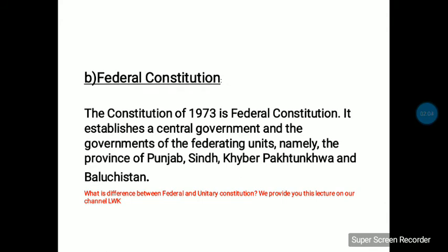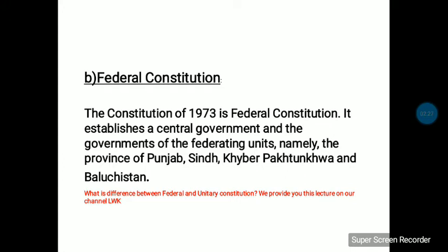Now let's move to the second salient feature. It is a federal constitution. The Constitution of 1973 is a federal constitution. It establishes the central government and the governments of the federating units, namely the provinces of Punjab, Sindh, Khyber Pakhtunkhwa and Balochistan. So our constitution is a federal constitution.